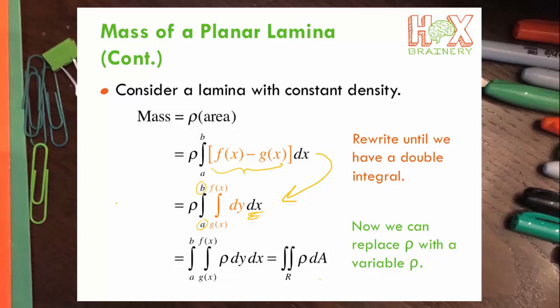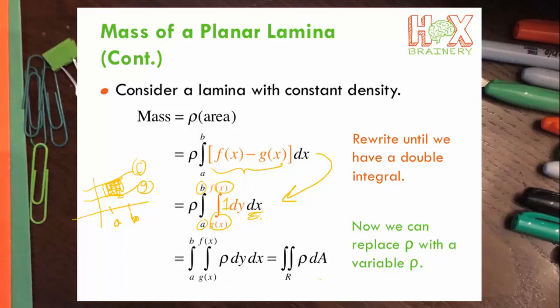This was f, this was g, so x is going from a to b. Y is between these two curves, f and g. So f and g become your limits of integration, and you just have a 1 dy. That's how we can write a single integral as a double integral.